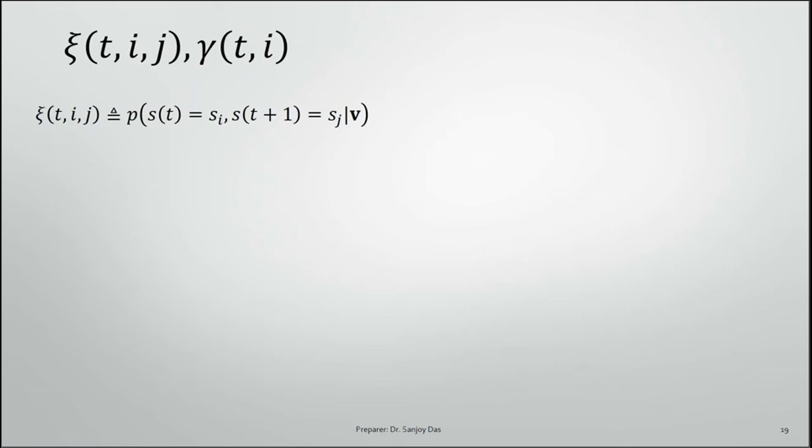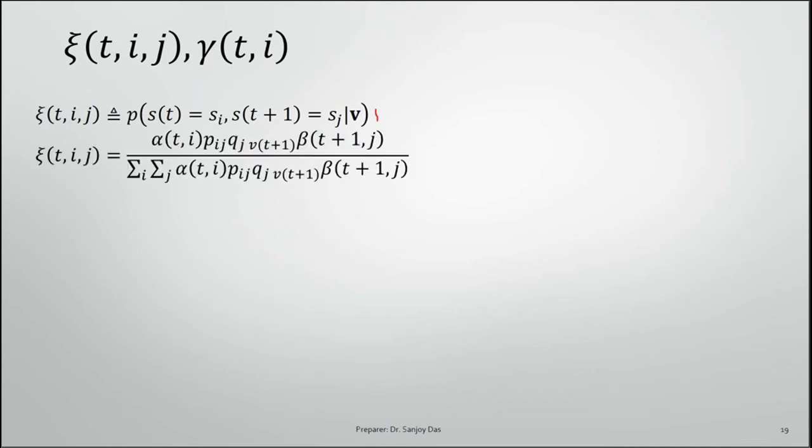Zeta Tij is defined in this manner: probability of St equals Si, St+1 equals Sj, two consecutive states being Si and Sj at time t and t plus 1, given the output V. And it can be obtained readily from alpha, beta, and the transition probabilities p's and q's using this expression.